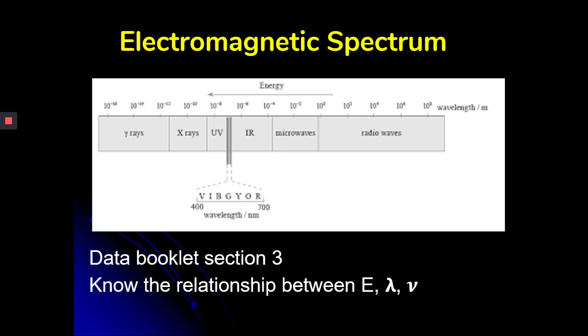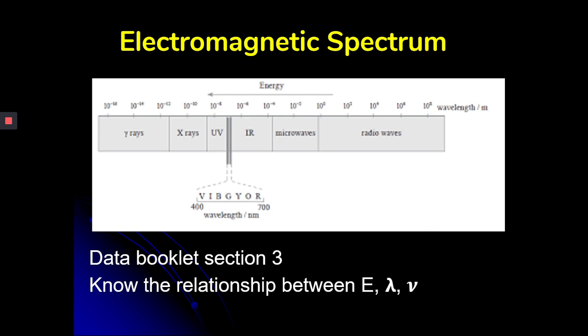The electromagnetic spectrum is all the different wavelengths that are given off by our atoms when they fall or transfer between energy levels. This is given to you in your data booklet in section 3, so it's not something you have to have memorized, but you do need to know the relationship between energy, wavelength, and frequency.